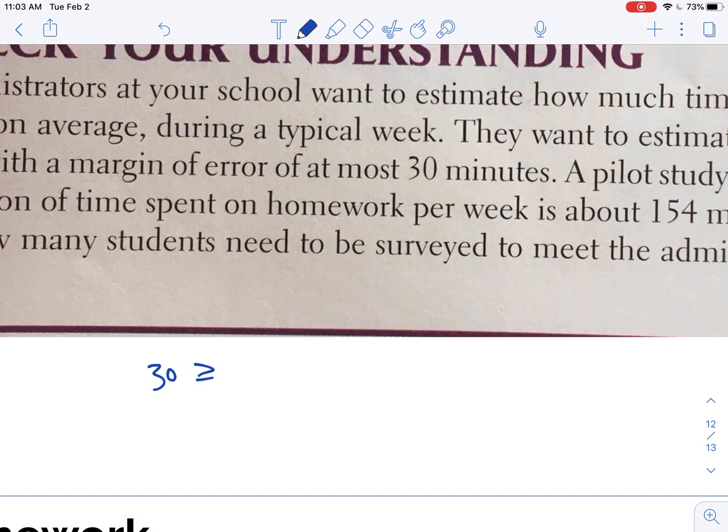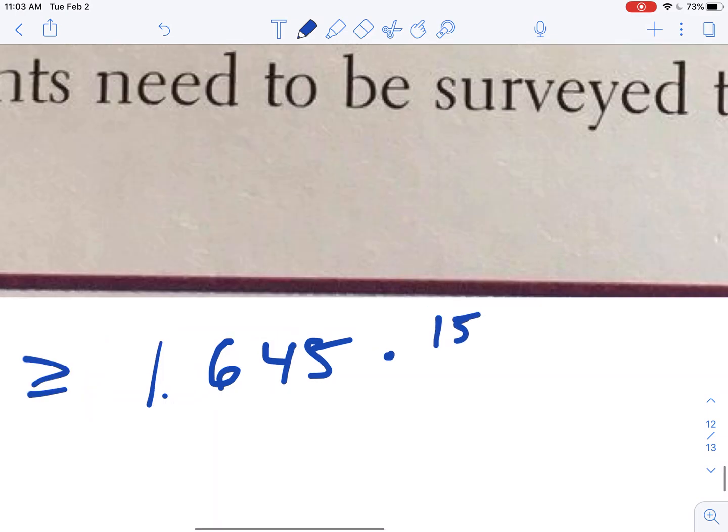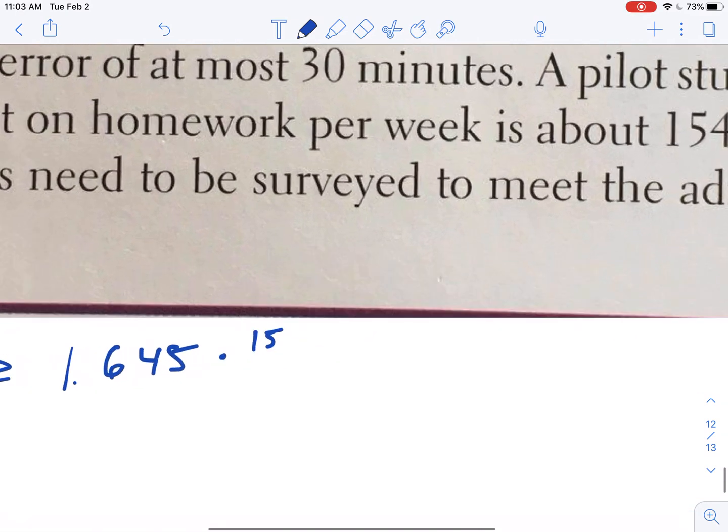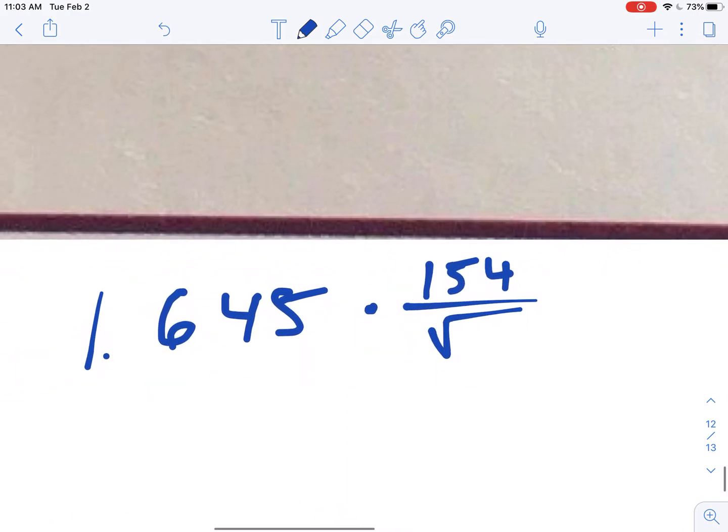So again, I'll go to table A and figure out what has a tail of 0.05. And again, this is going to be about 1.645. That's the z-score that relates to a 90% confidence interval. This is going to be multiplied by the 154 minutes over my square root of n.